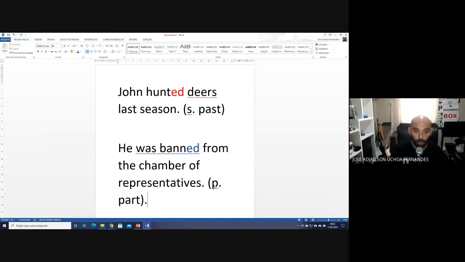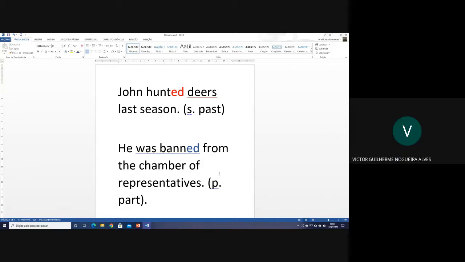Okay? So can I say the ED in red is the same ED in blue, or it happens to be a coincidence? Well, it is the same, but it isn't. Yeah, this is the answer.